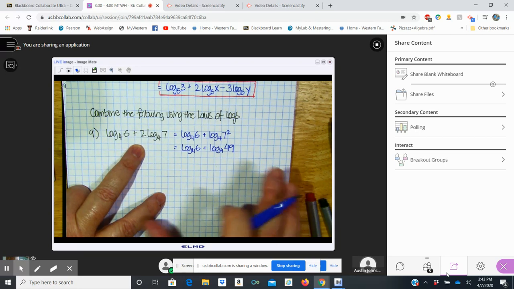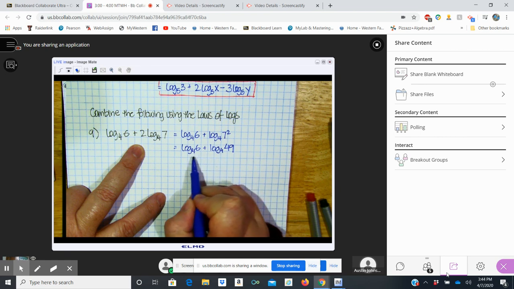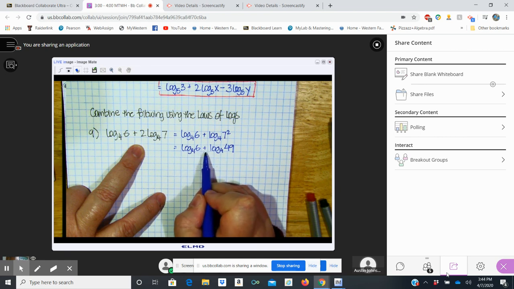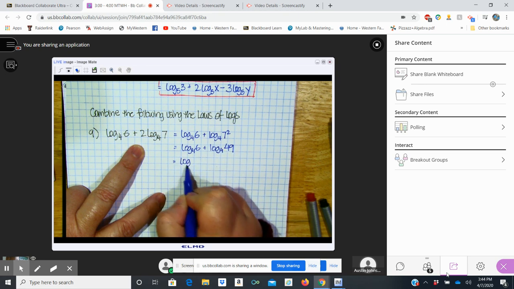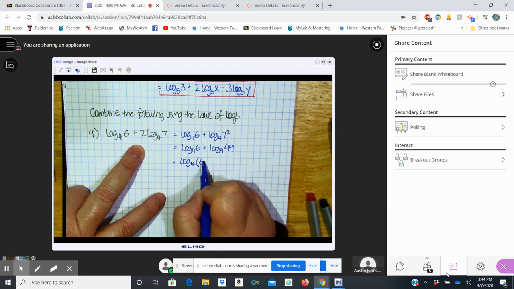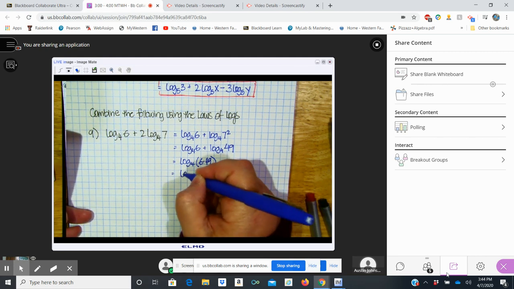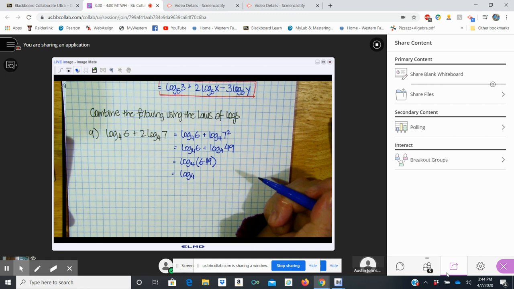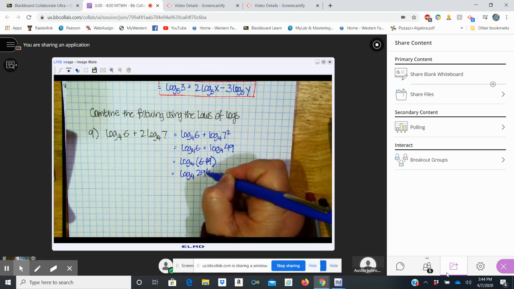Now, just like we did earlier, these are both log base 4. So if I have a log base 4 of A added to a log base 4 of B, that's the same as log base 4 of 6 times 49. This is going to be a log base 4 of 294.